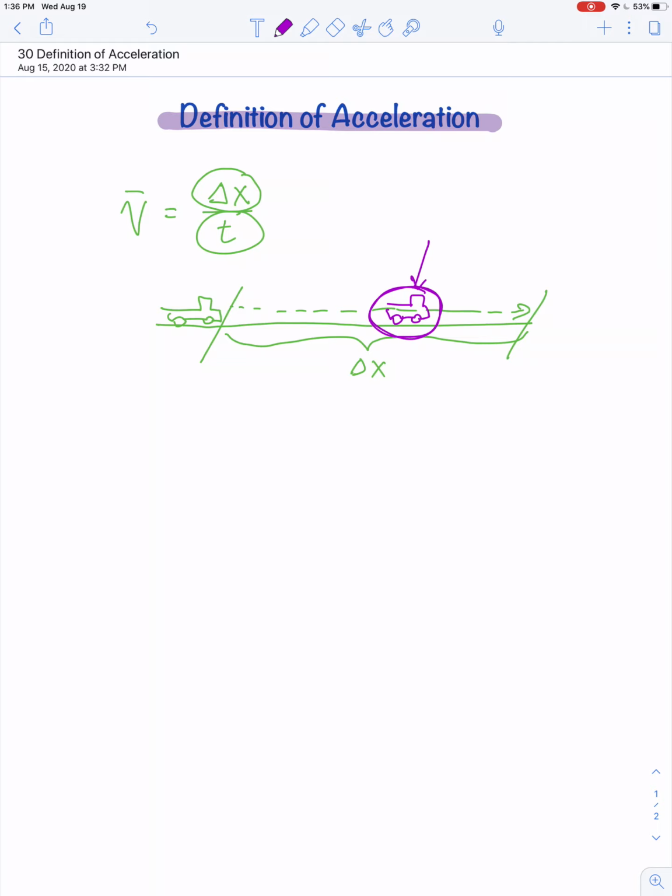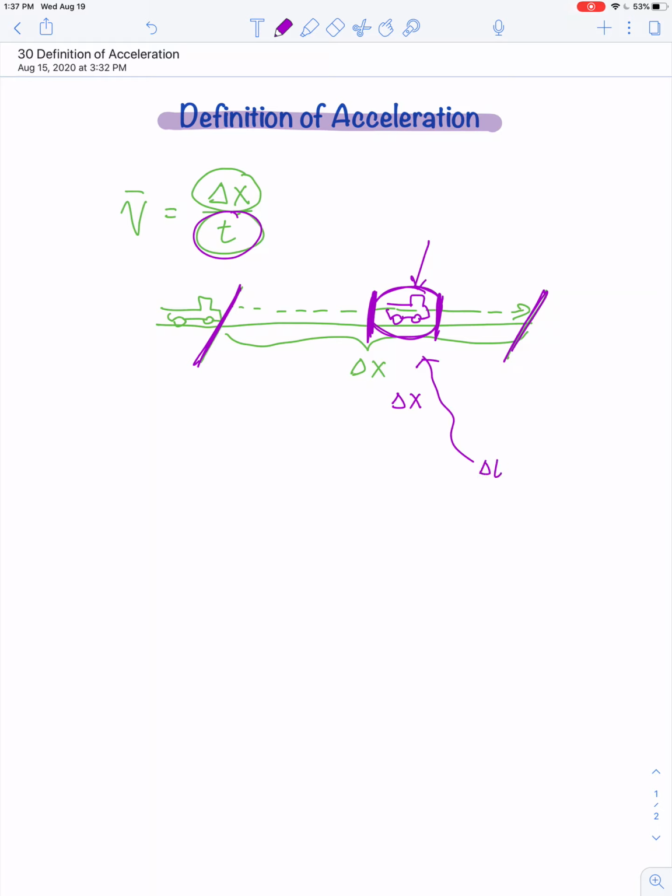Instead of taking this whole broad overall displacement, what if I just narrowed down to, I compare its position at this moment in time and its position in this moment of time, then my delta x is getting smaller. And not only is my delta x getting smaller, but the value of time is getting smaller as well.